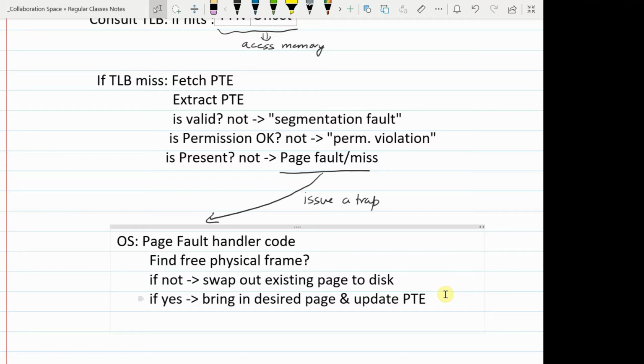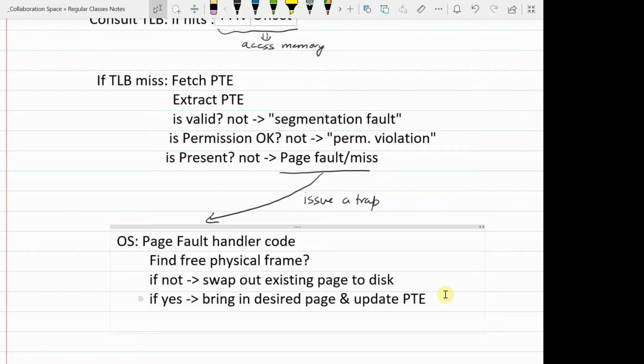If not, it will issue an appropriate error and probably kill the process. But if it finds the page is not present, then it knows it is a page fault, and it will issue a trap instruction. The trap will be handled by the OS using the page fault handler code. In this handler, it will first find a free physical frame.